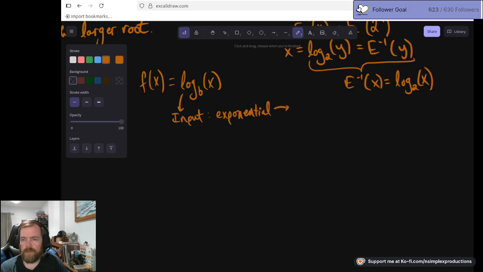Which then we want to put into base b, even if it doesn't currently have a base of b. We just sort of imagine that it does. And our output is going to be the exponent.